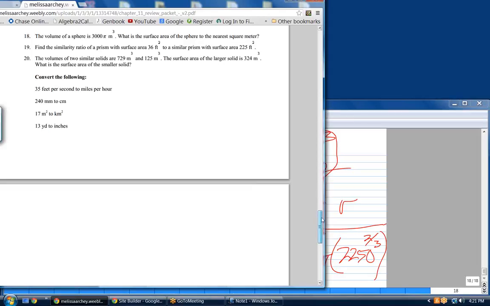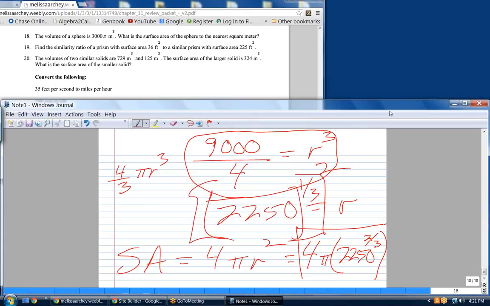Just to make sure I'm doing it right, that'd come to 171.7, wouldn't it? I don't know, I don't have my calculator. Are you doing 2250 raised to the 2 over 3 in parentheses?